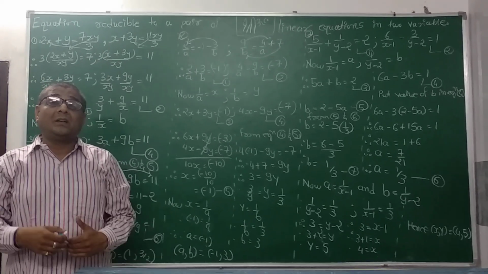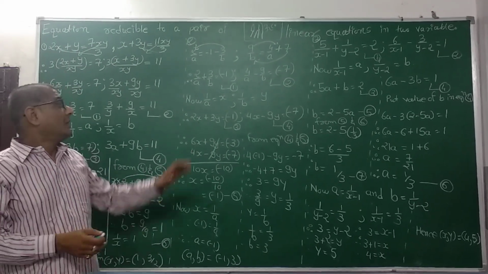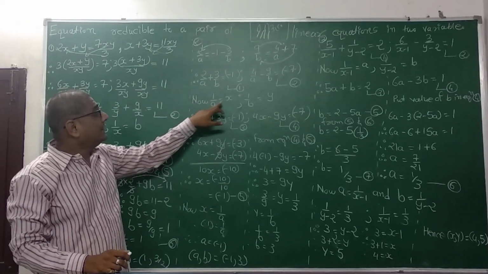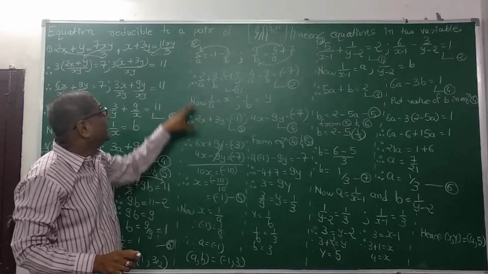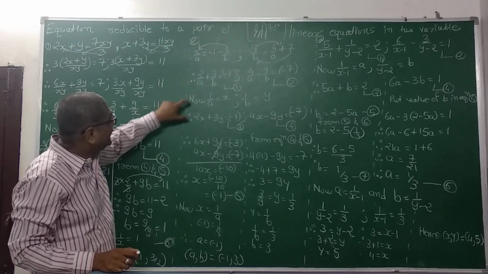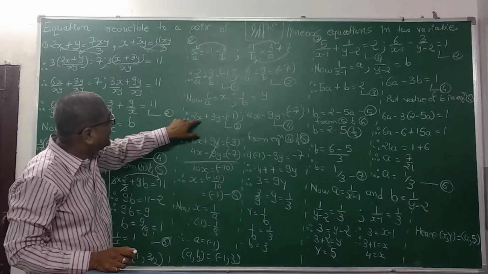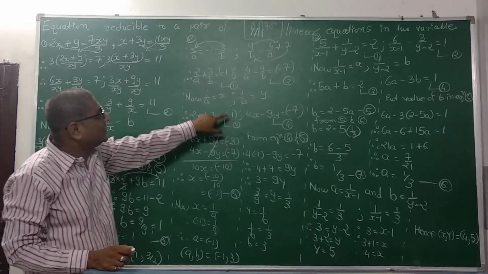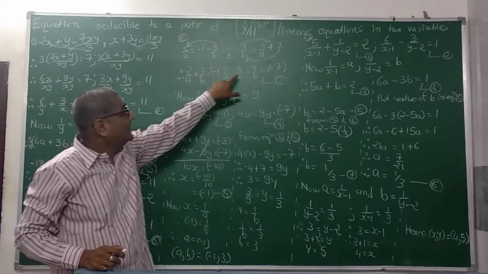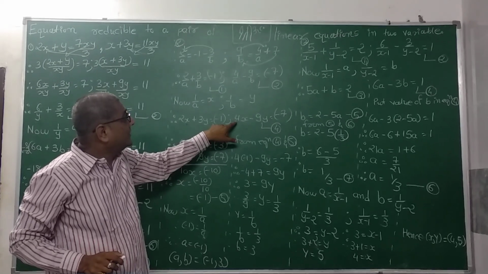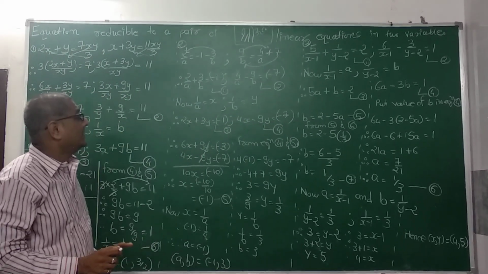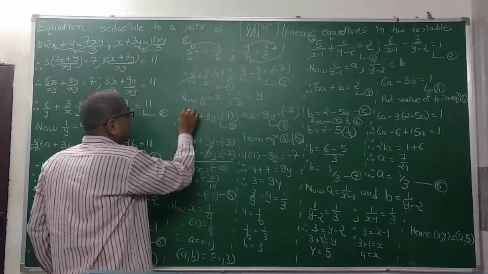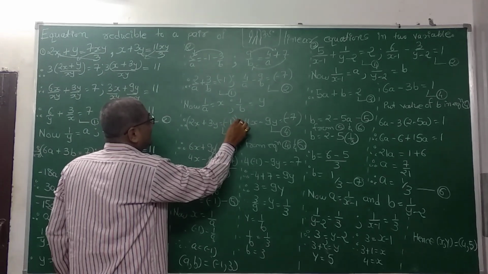So we convert them into linear equations by assuming 1 upon a is equal to x and 1 upon b is equal to y. So equation 1 is converted into 2x plus 3y is equal to minus 1. That is equation number 3. And equation 2 is converted into 4x minus 9y is equal to minus 7. Again, equation 3 is multiplied by 3.